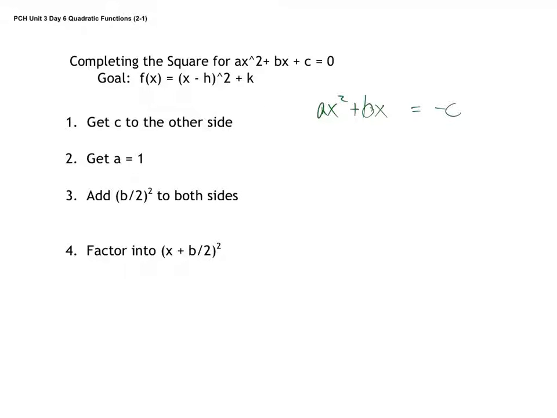The next step here is we want to get a equal to 1. Now a is the coefficient of x squared. Right now the coefficient of x squared is a. So how do I get that to equal 1?